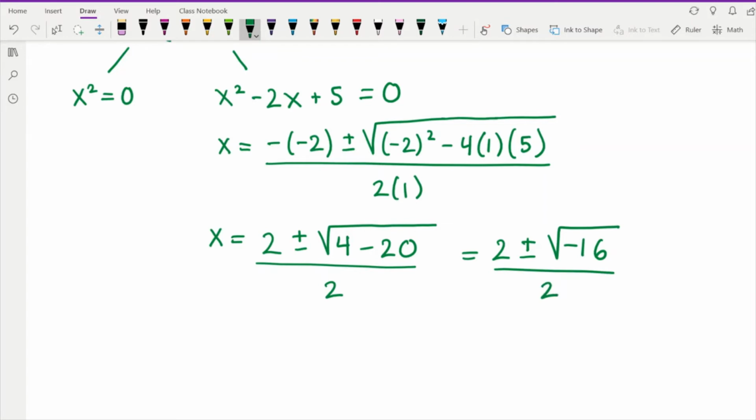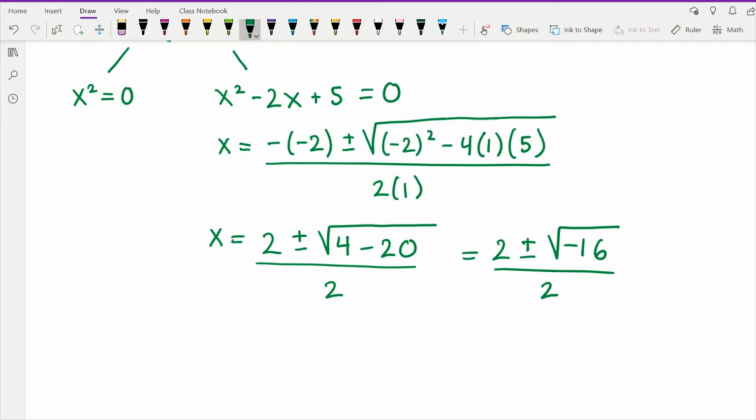Okay, so from here you might notice that something is a little different, right? We're now having the square root of a negative number. And so that tells us, if we think back to quadratic functions, that there's going to be no x-intercepts coming from this portion. And that's an idea that we'll come back to. But we do know how to continue to solve this, right?